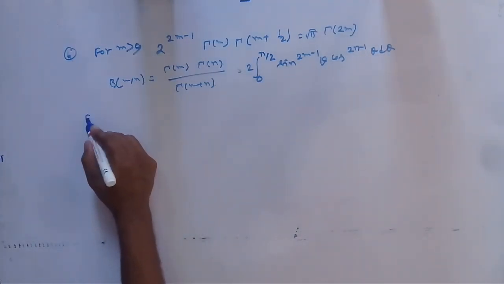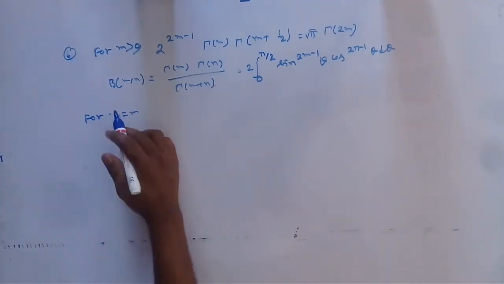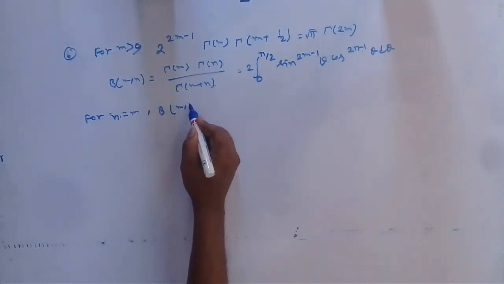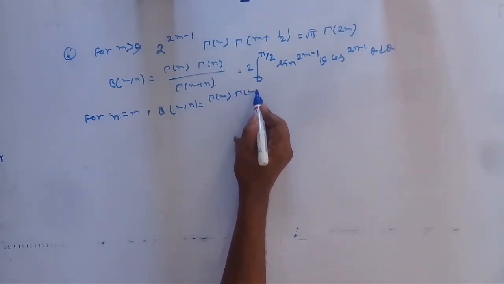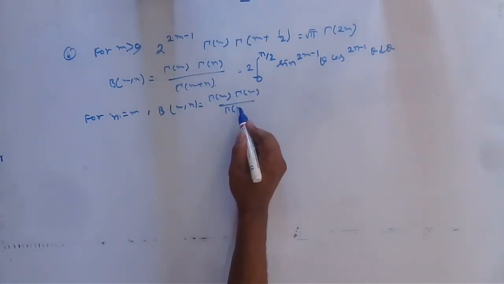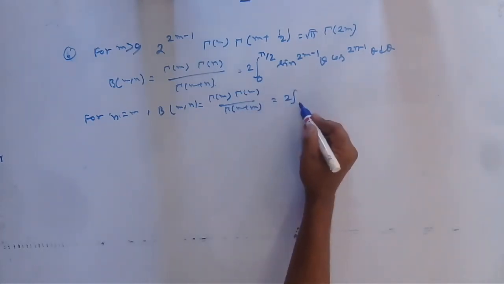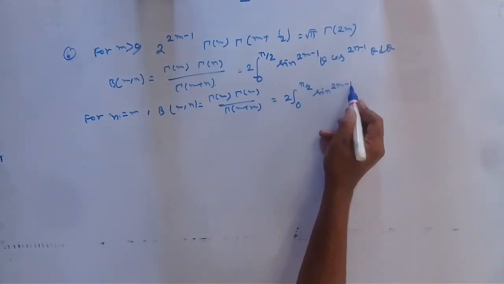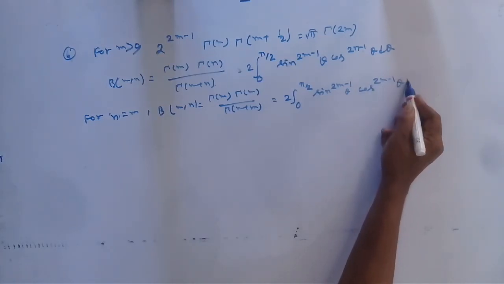So for n equal to m, beta(m,m) equal to gamma m gamma m by gamma of 2m, that is 2 into integration 0 to pi by 2 sin to the power 2m minus 1 theta cos to the power 2m minus 1 theta d theta.